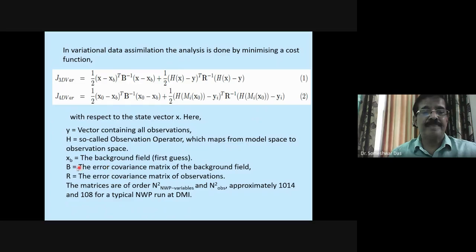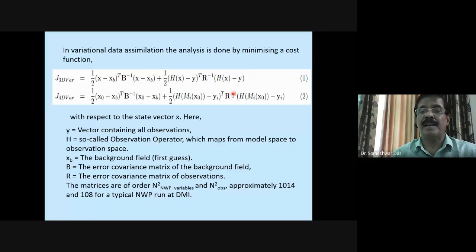Capital B is the error covariance matrix of the background field. You remember we were talking about the background error covariance. How do we compute the background error? Forecast of 24 minus 12 hours for 1 month time, right? And it can be different monthly or seasonally, and it should also be different for different model configurations. We discussed that in detail yesterday. Then R is the error covariance matrix of observations.